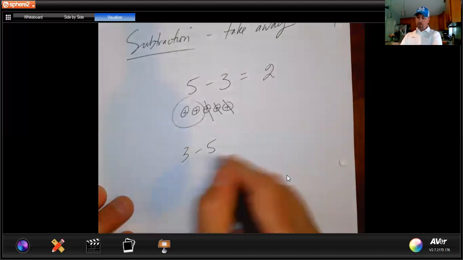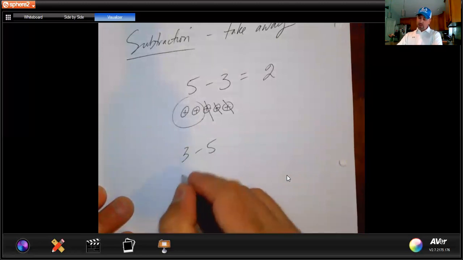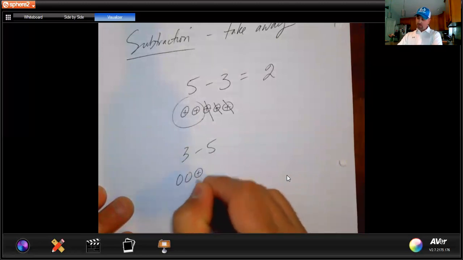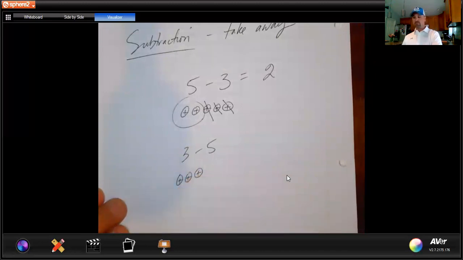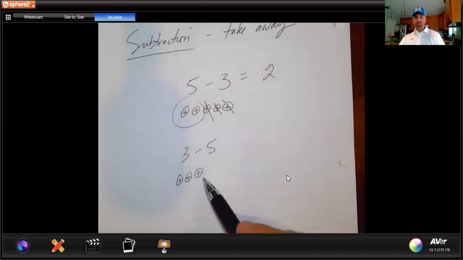These are both positive numbers, positive 3 and positive 5, and I'm taking 5 from 3. So I have 3, because when it comes to subtraction, you really start with that first number. That's where the action begins. So I have 3, and I need to take away 5.